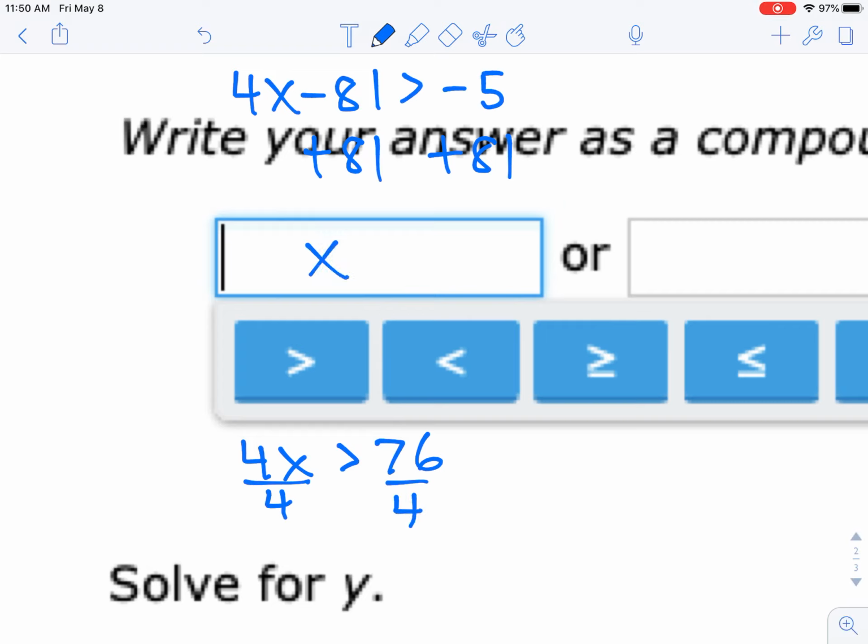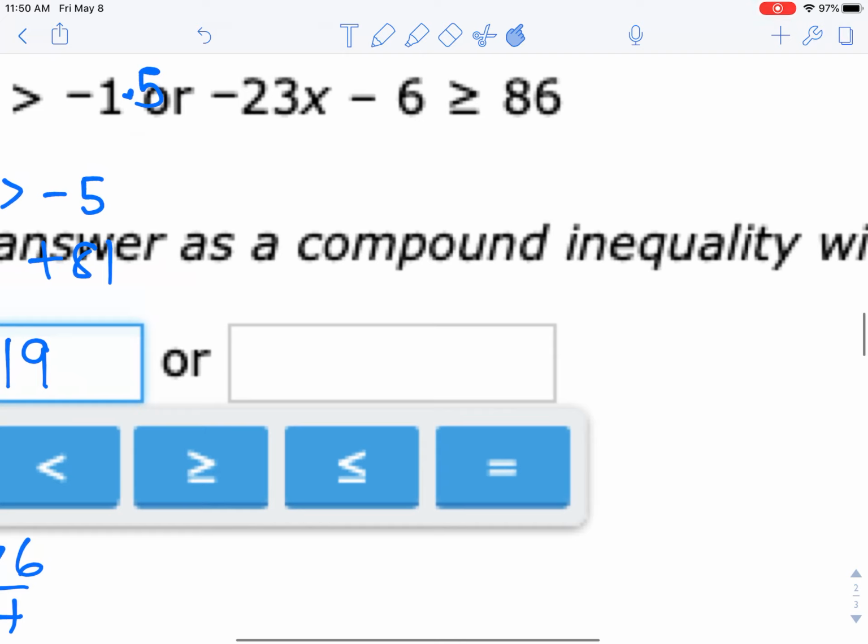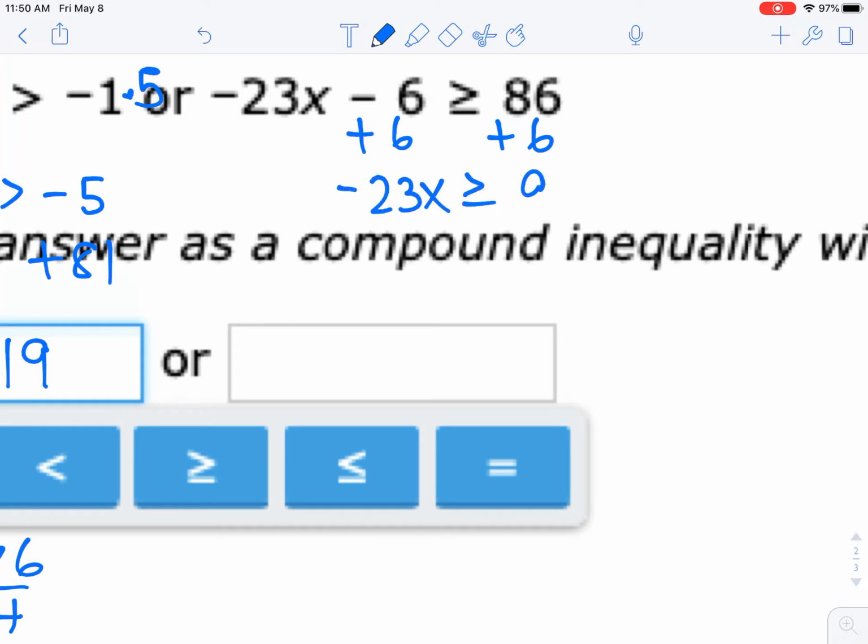So you get x greater than 19. This side, add 6. And then divide by negative 23. So I have to change my direction, and that is negative 4.